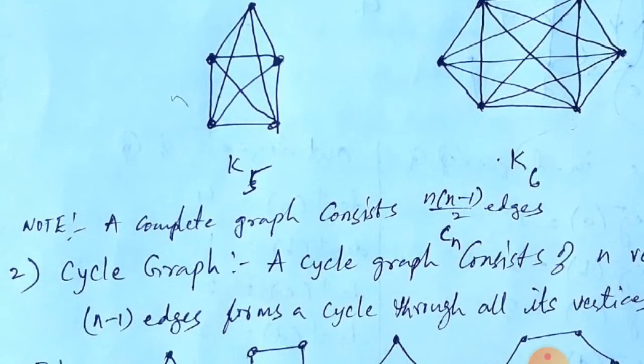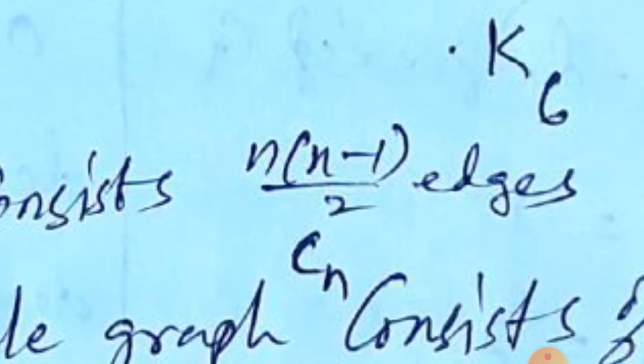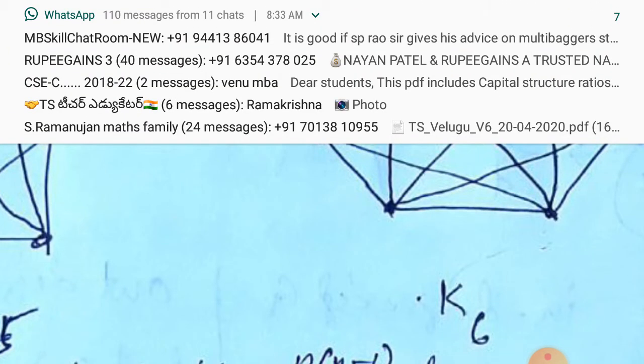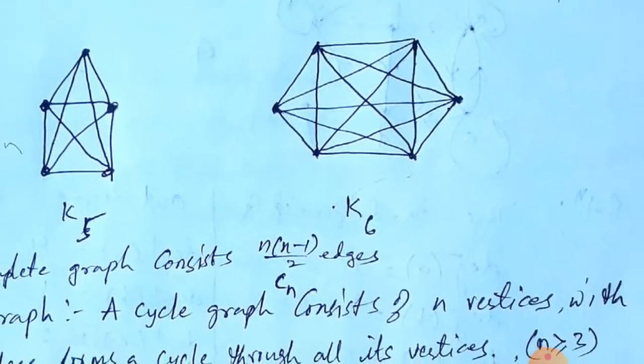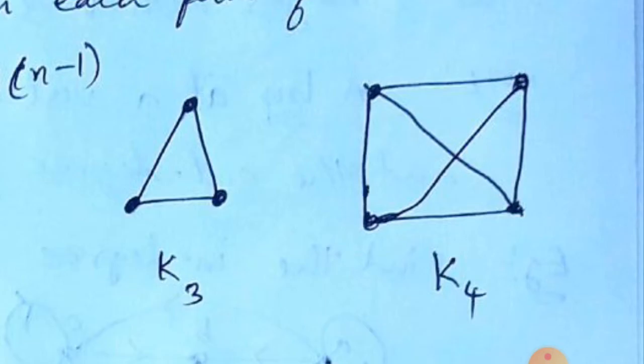Now observe, in a complete graph n into (n minus 1) by 2 edges will be there. If you count the edges, we can count easily. How many edges are there in K4? 1 2 3 4 5 6. Here a crossover is there, that is not a vertex, observe.